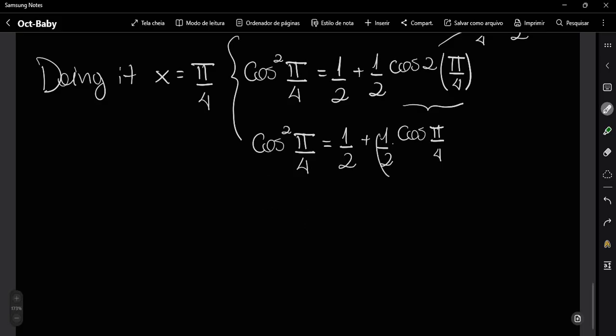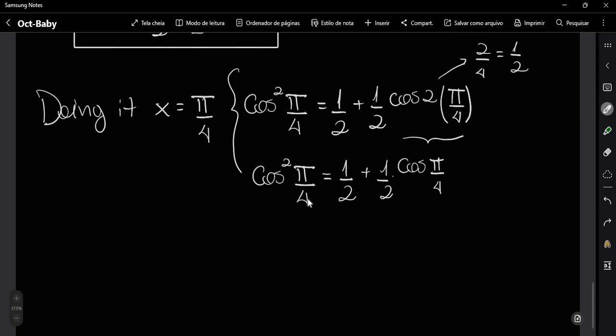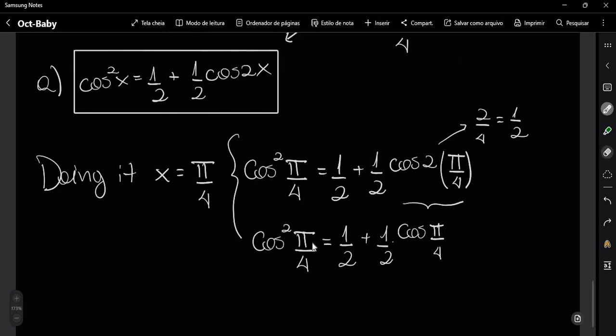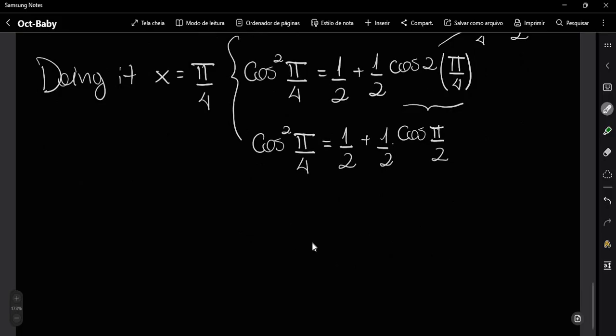We still got this constant 1 over 2. Right here I do this and I'm still committing this mistake. Right here, of course, is 1 over 2. So pi over 2.